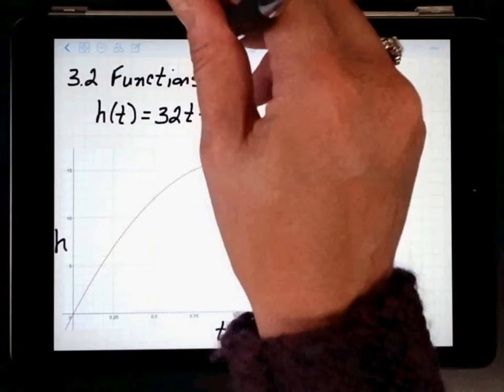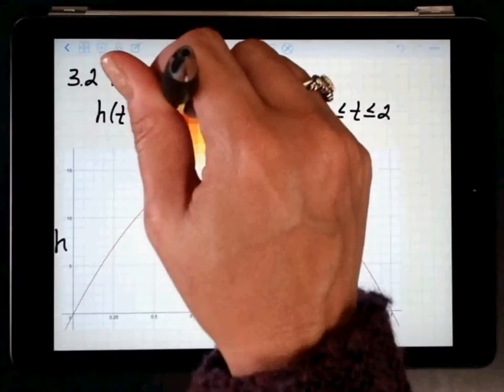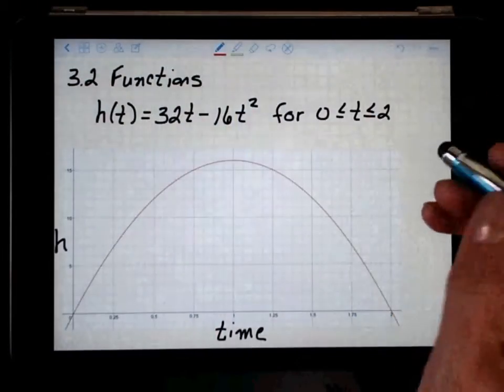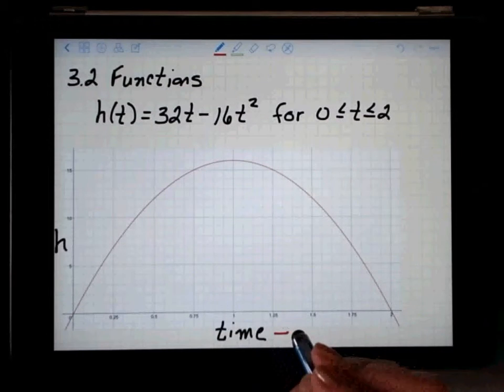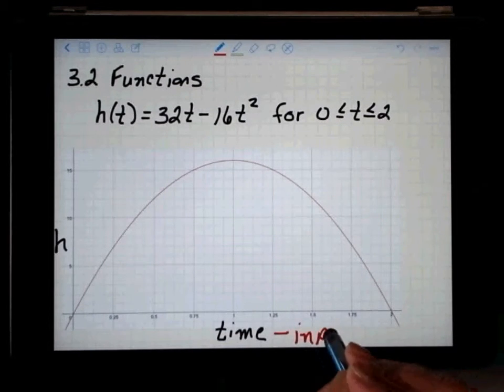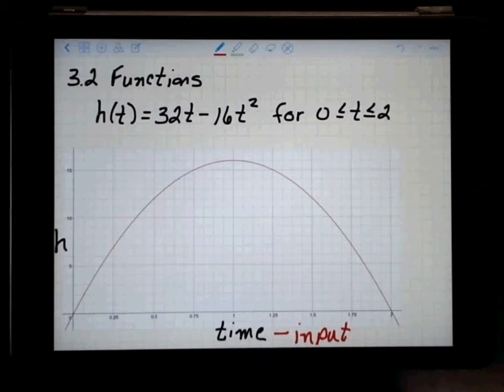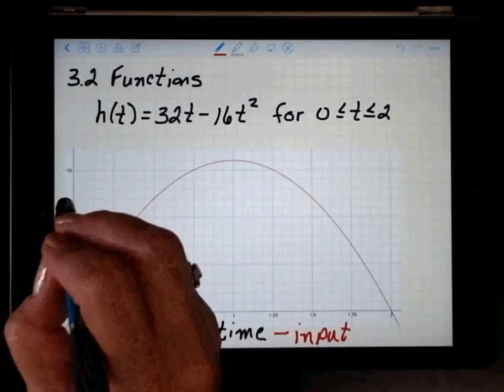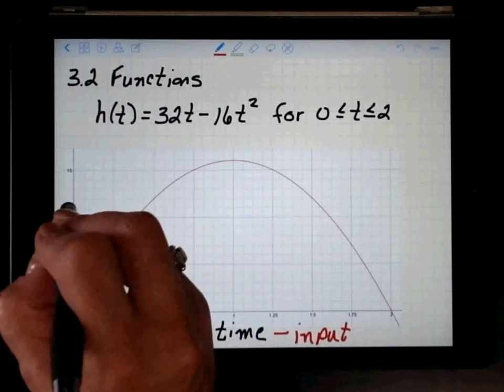Now, I told you at the beginning of this little talk that functions have inputs and outputs. T is the input. That's what we put into our function, what we plug in.